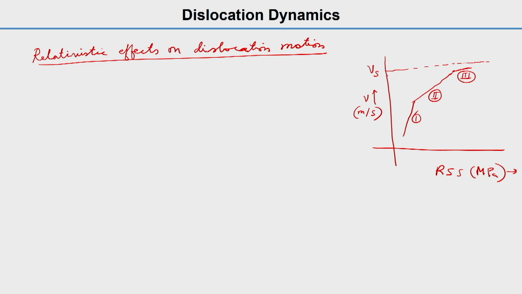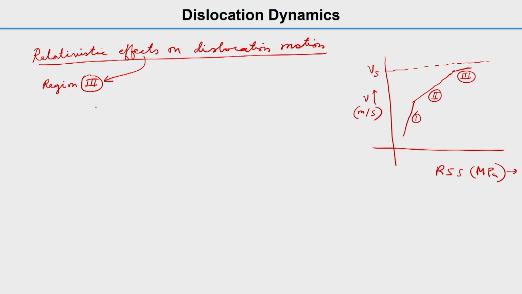This is Vs, that is the elastic shear wave velocity. So in region 3, the relativistic effects will be dominant here.